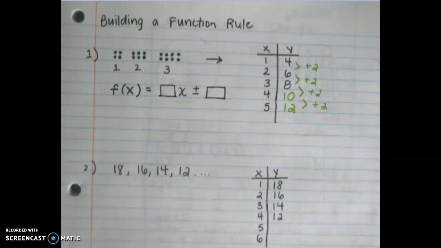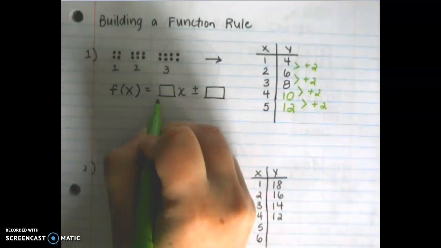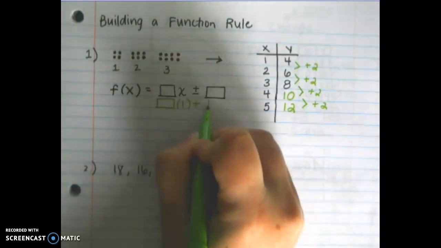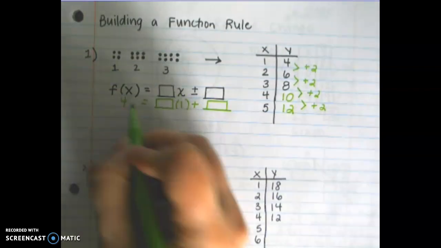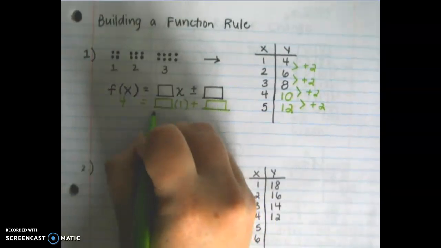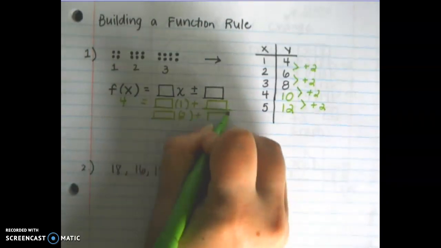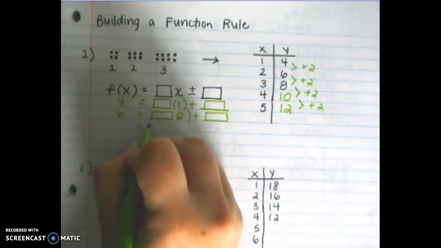Do you think that I could multiply something by x and then either add or subtract to get the numbers in the y column? Well, let's plug in 1 for x. When I plug in 1 for x, I'm supposed to get 4. When I plug in 2 for x, I'm supposed to get 6.